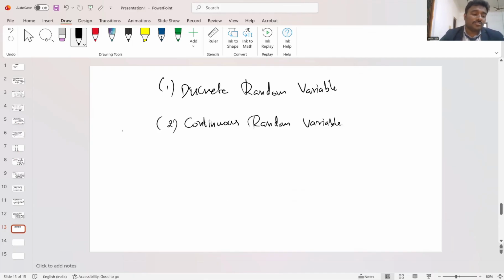So that depends on the values the random variable is taking. Okay, so depending on the problem, we will fix our random variable as either discrete or continuous. Okay, so it is called the types of random variable. So the example we have seen is the example for a discrete random variable, right? And for continuous random variable, we can look at one more problem now.